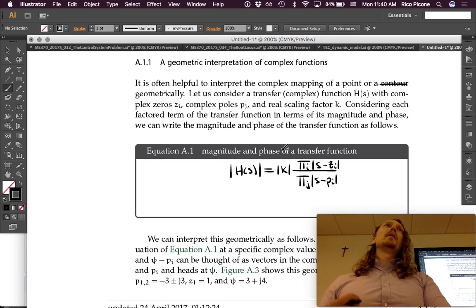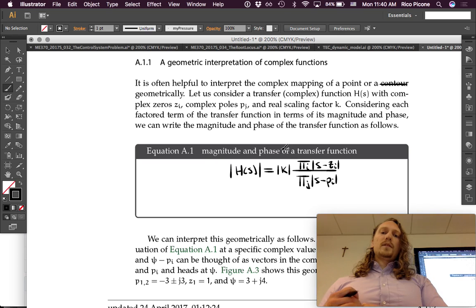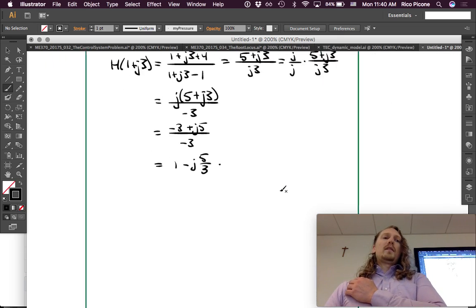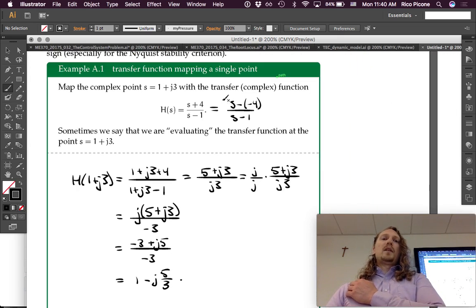That's a property of taking magnitudes of numbers. So the s minus zi would in this case be s minus negative 4, and the s minus pj would be s minus 1. And then the gain would be k.